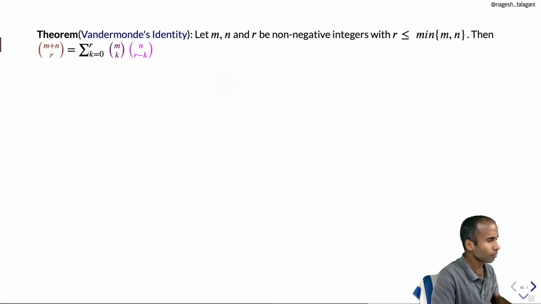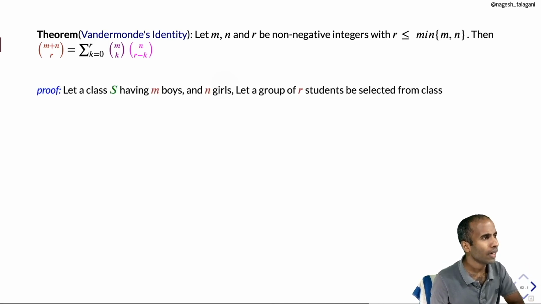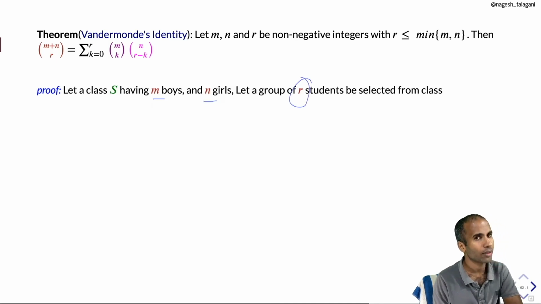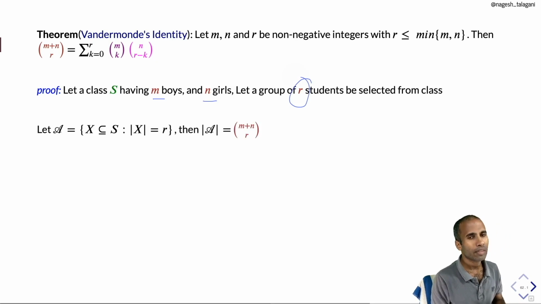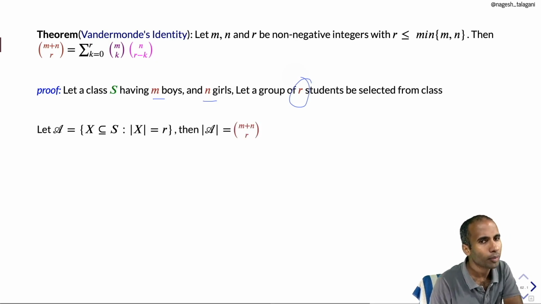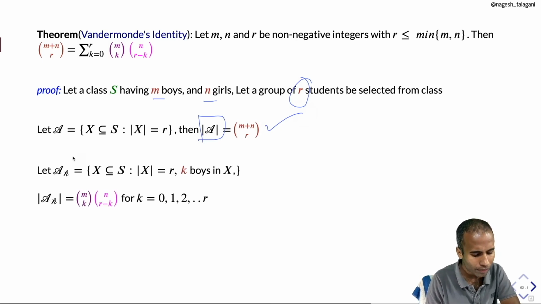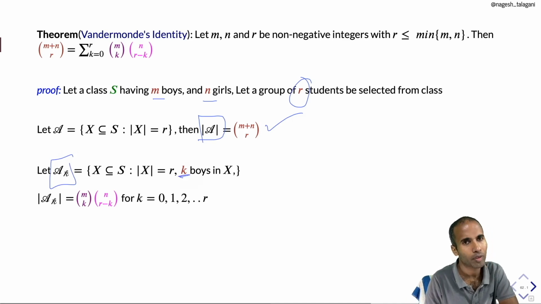Proof. Let a class have m boys and n girls, and we select a group of r students. Let script A consist of all possible groups of size r. So the number of elements in script A is m plus n choose r. Then script A_k consists of all groups of type k, all groups of size r with k boys in it, so the remaining r minus k should be girls.